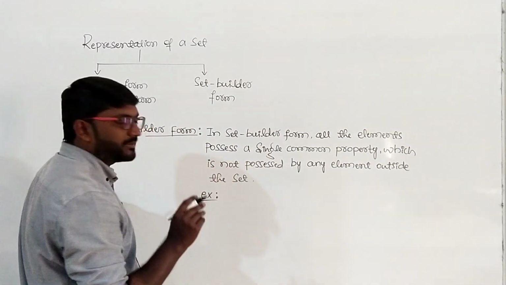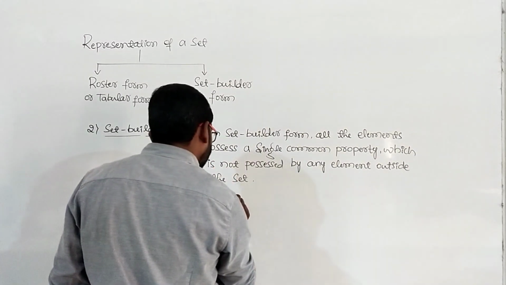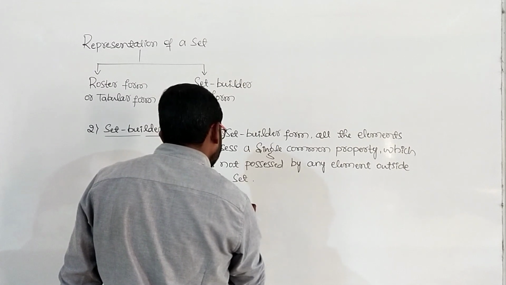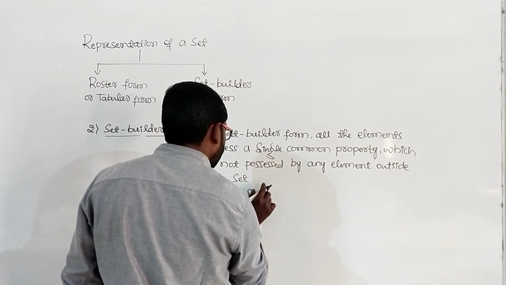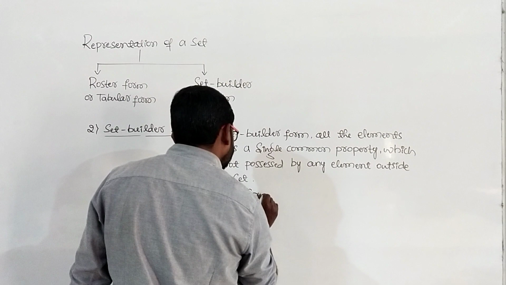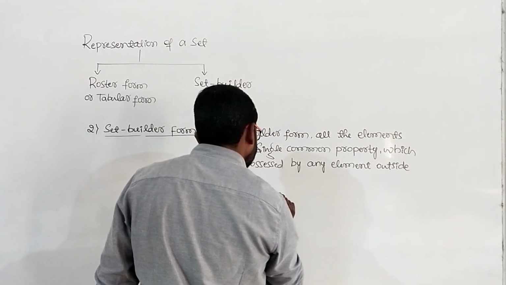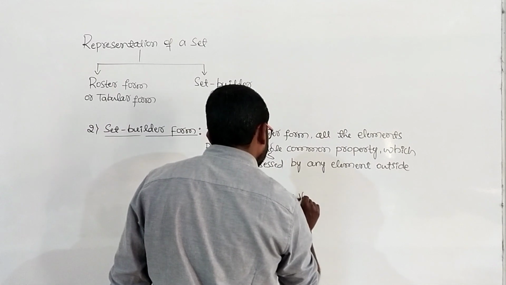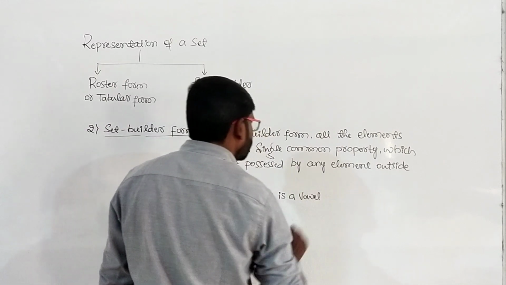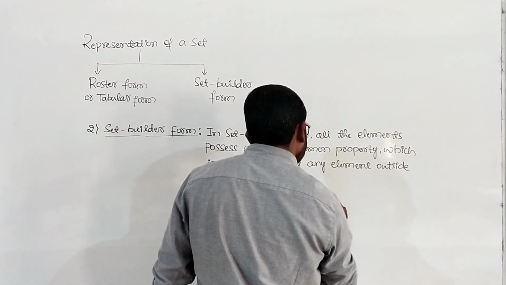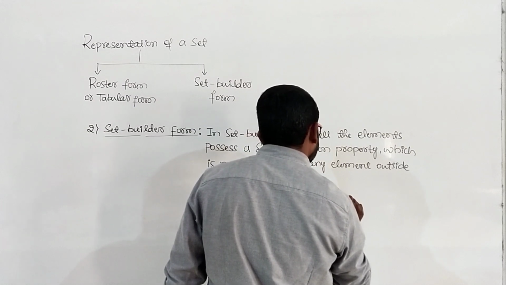Now let us give an example for the set builder form. I'll take the same example, the vowels in the English alphabet. V is equal to {x such that x is a vowel in the English alphabet}.